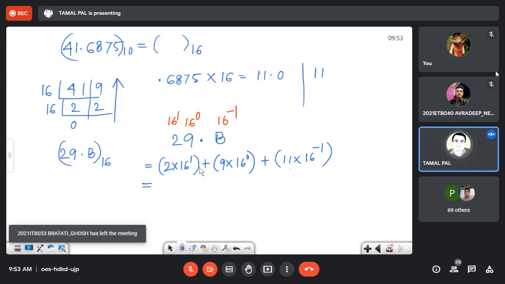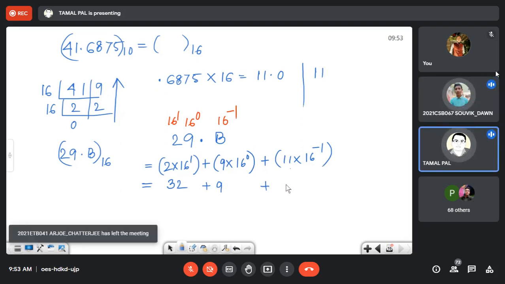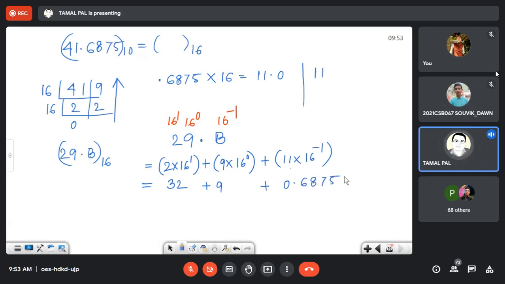Now calculate this and tell me. This is 32. This is 9. This is 0.6875. So I think it is 41.6875.